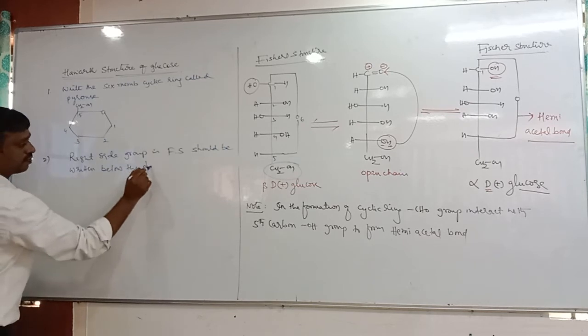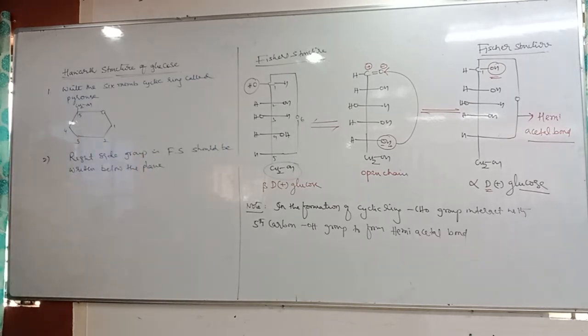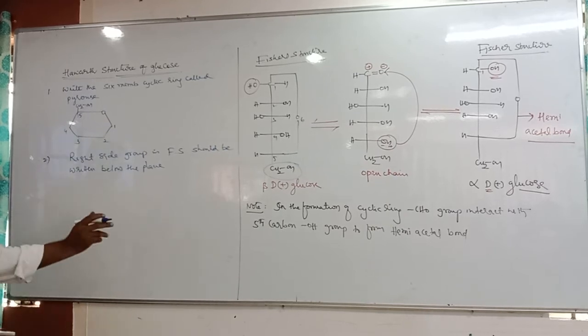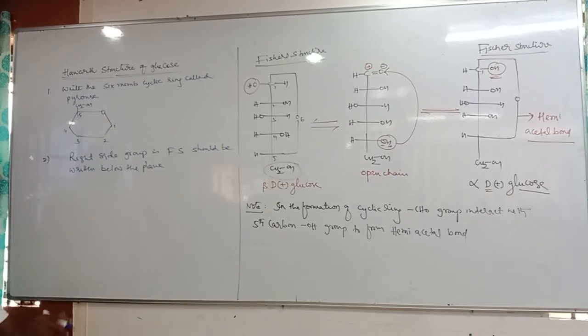So the groups which are present on the right side we should write below the plane. If you are able to remember these two points, I hope you can write the structure.